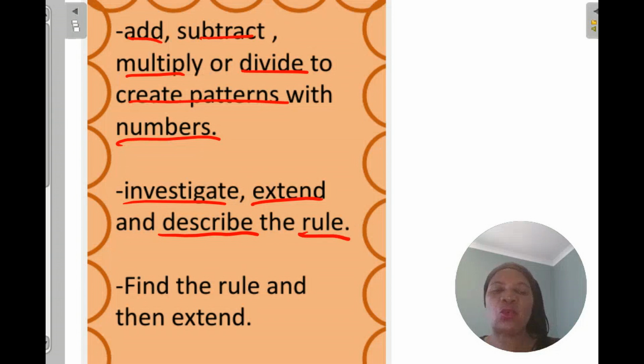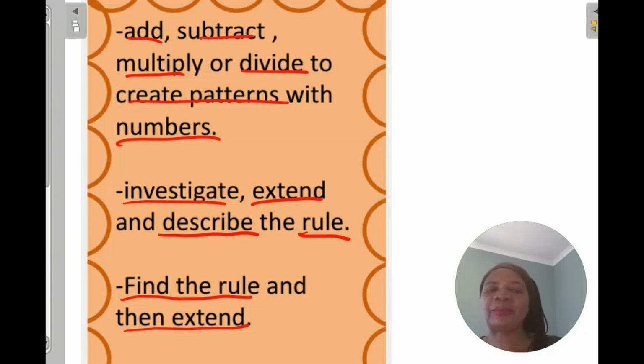What is the rule? What is happening? Are we adding or are we subtracting? Are we multiplying? Are we dividing? Such things. So we'll find the rule and then extend. After getting the rule, we are able to give more numbers in the pattern, in the sequence.